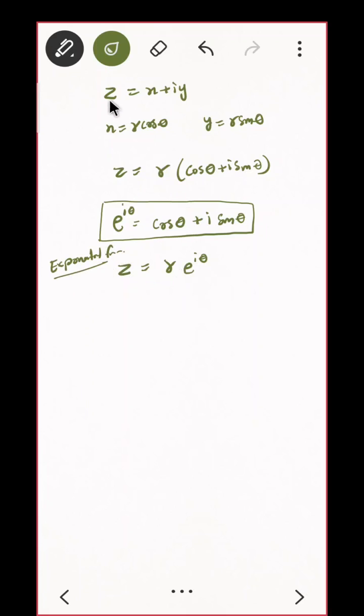See, if you want to find some power of this z, that is z raised to 10, z raised to 20, something like that, then it was quite difficult to do, but here it is quite easy. Since we need z raised to n, that will be just r raised to n, e raised to i n theta, that's it. You just need to work on this, the rest is done. The same goes for finding the nth root, that also you can do easily. Okay?